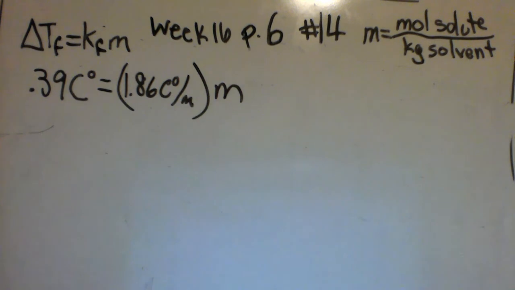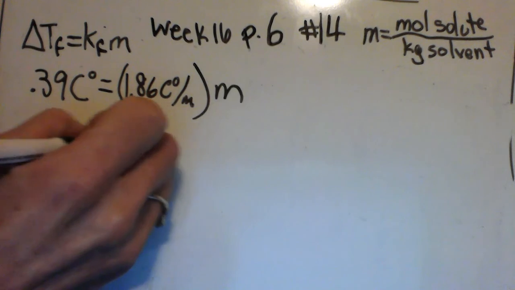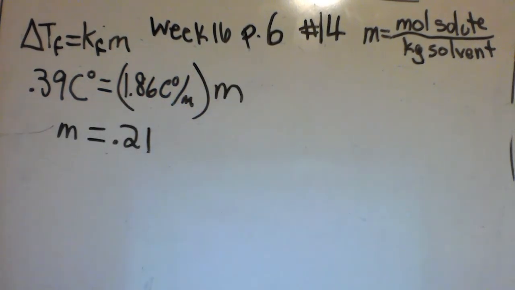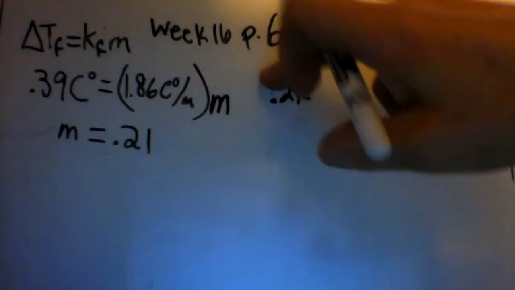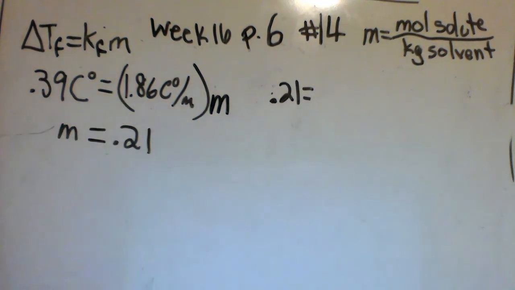What we don't know is the molality. So we'll solve for molality by dividing both sides of the equation by 1.86. And molality comes out to 0.21. Now we'll substitute any numbers we know into the equation for molality. So we know the molality is 0.21.